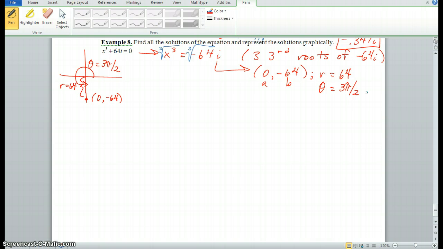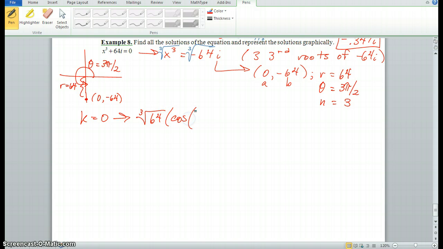Okay. And then n, well, we want 3 third roots. That's easy enough. N is 3. Okay, so let's begin again with k equals 0. We find the cube root of 64 to start with.